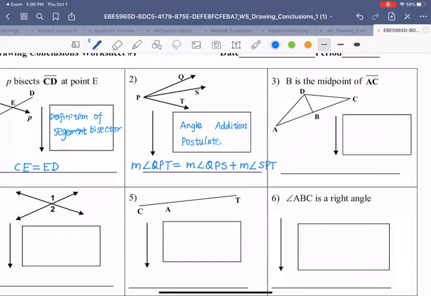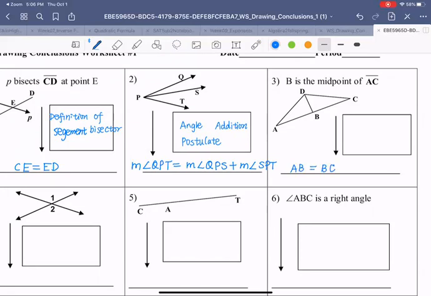Midpoint means these two are equal, right? So AB is equal to BC. Line segment AB is equal to line segment BC. That's it, right? Yeah.